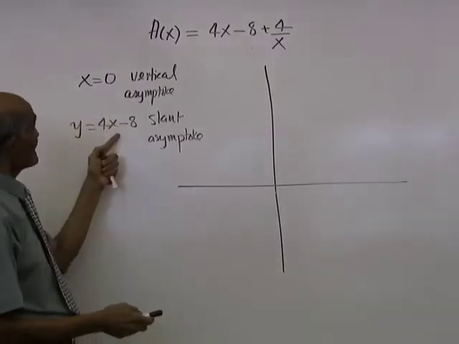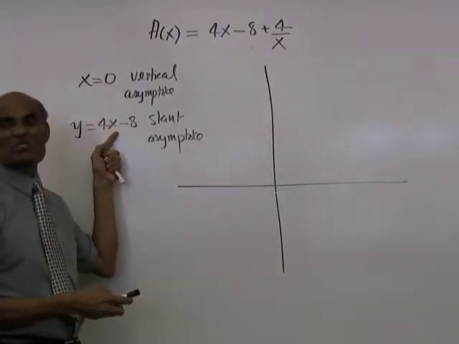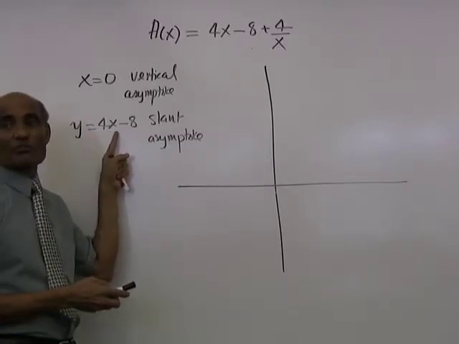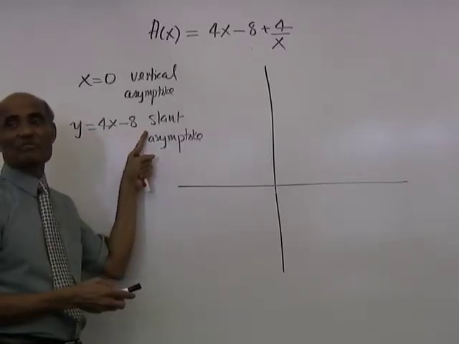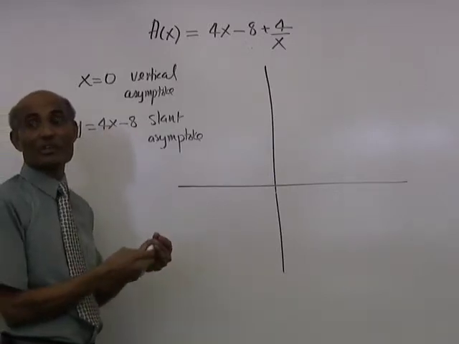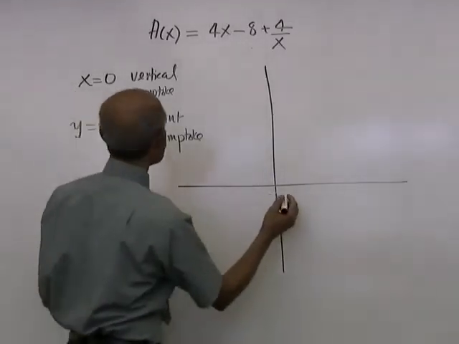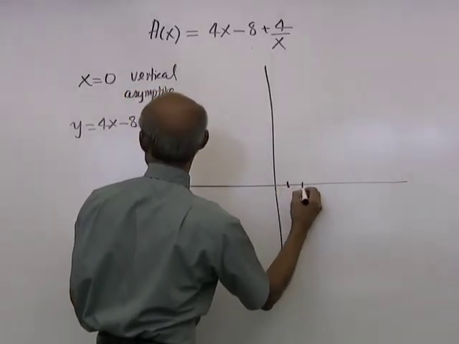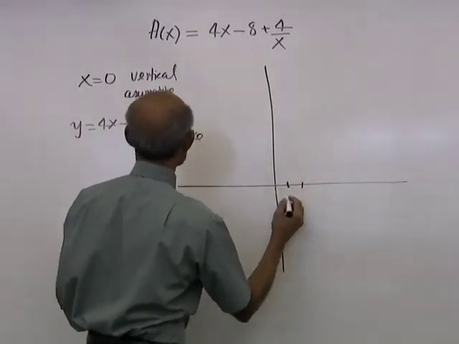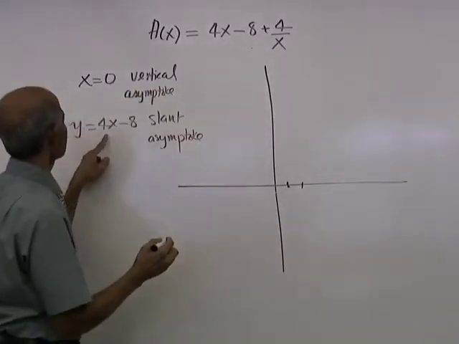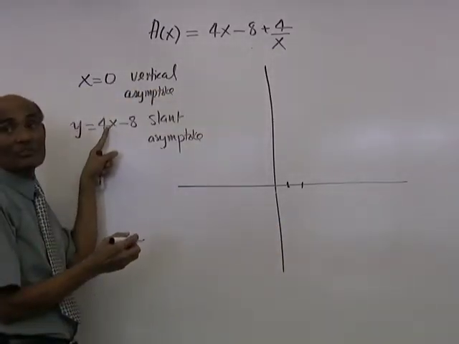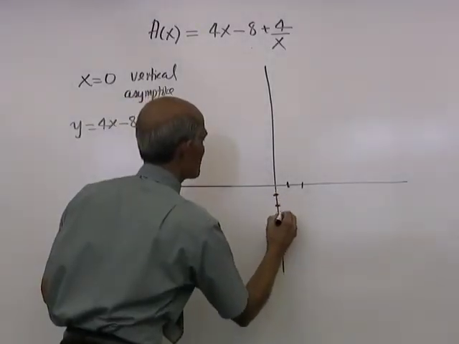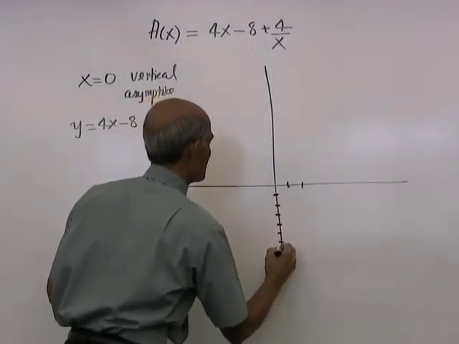But it's much easier if you can find the x-intercept of this. What is the x-intercept of this? 4x minus 8 equal to 0 gives you x equal to 2. Is that right? So you got x equal to 2. This is the x-intercept. What's the y-intercept? Y-intercept occurs when x equals 0. It's negative 8. So that would be 1, 2, 3, 4, 5, 6, 7, 8.